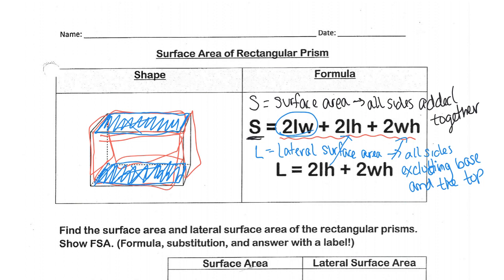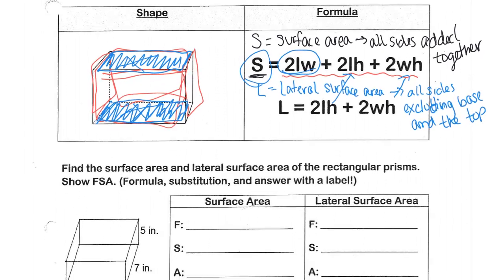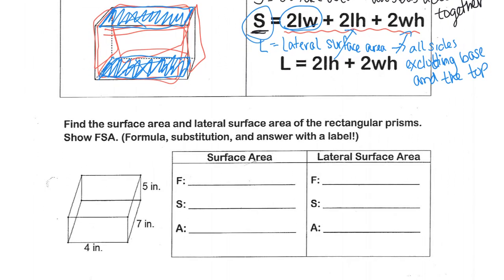On the quiz or knowledge check on Friday, I'm just going to ask you to find the surface area, but we are going to practice finding the lateral area. Just like with finding the area of the basic shapes, we always put the formula on line 1, then substitute the values, and then put an answer with the label.